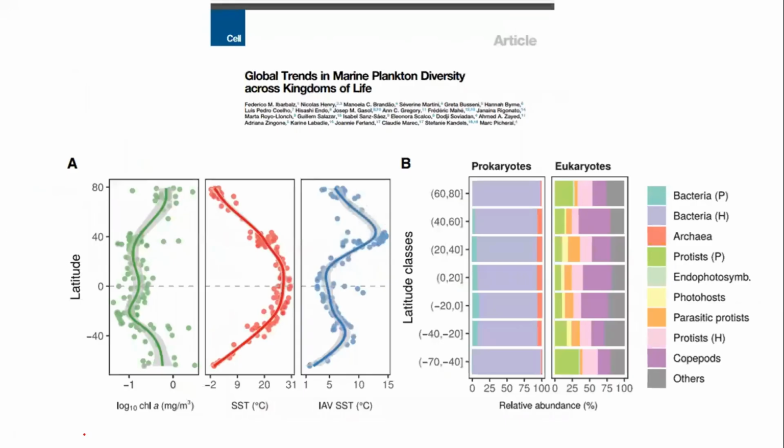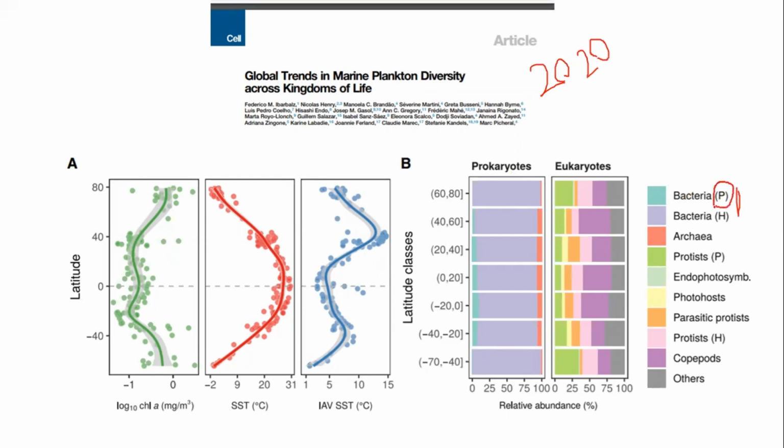However, there is a recent paper as well, published in 2020 in the journal Cell, which again tells you about the global trends in marine planktonic diversity based on different latitudes across the world ocean, and you can see prokaryotic diversity, mostly bacteria.